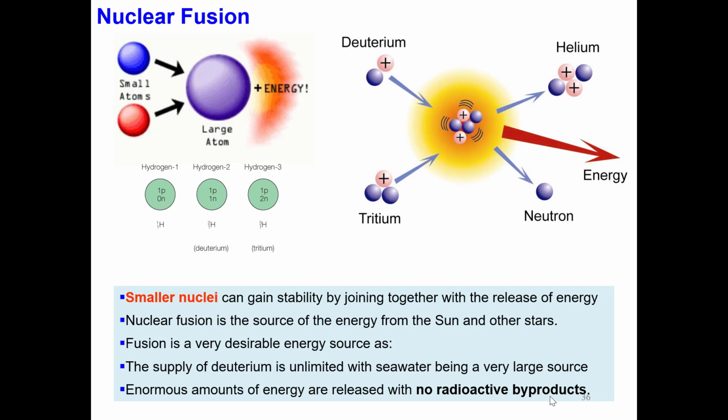But up to now there is no nuclear power plant that produces energy using nuclear fusion as a source of energy. The reason is that the conditions needed for nuclear fusion reactions are really complicated.